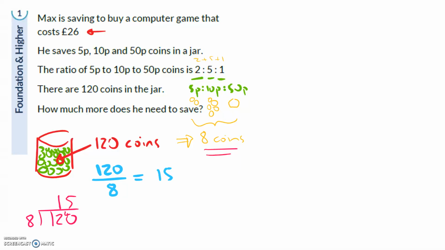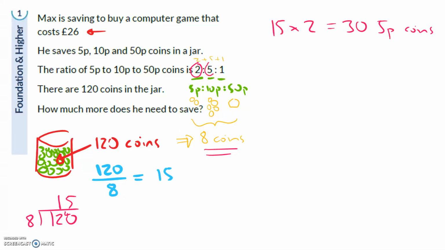But we already know that in that group of 8, 2 of them were 5p's. And if we've got 15 groups of those 8, then 15 times 2 gives me 30 5p coins.